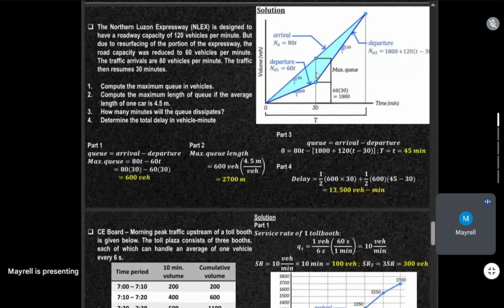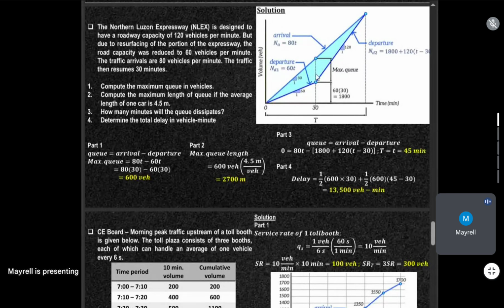This is the part where there is a queue or queuing. The upper part is the arrival rate, and below is the departure or service rate. So the arrival rate is greater than the departure rate.